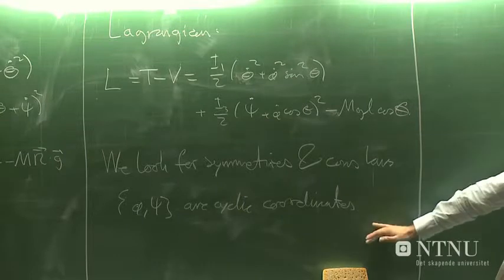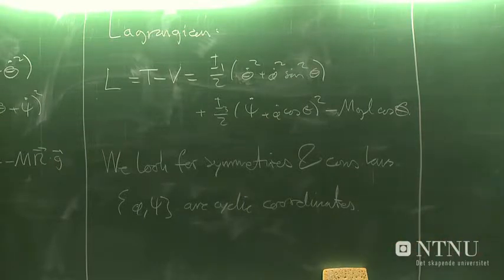And if these are cyclic coordinates, then the associated conjugated or canonical momenta are preserved quantities.